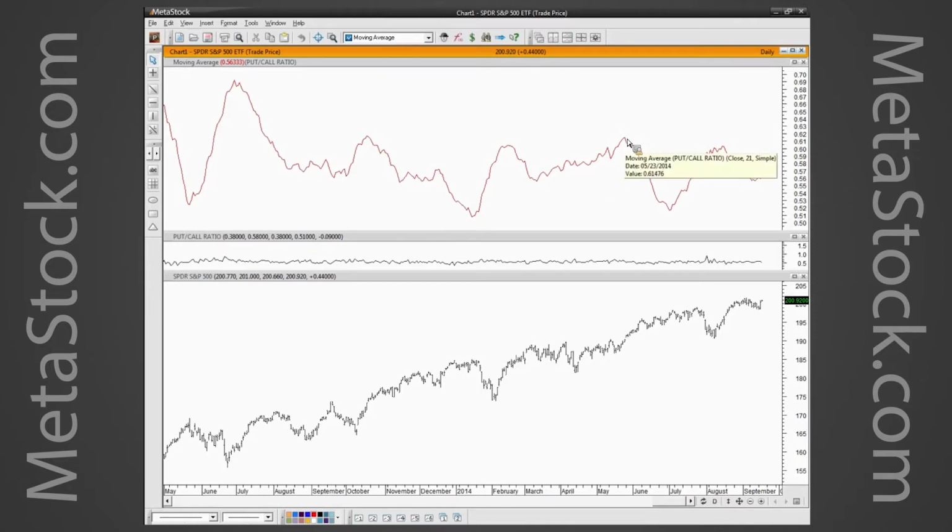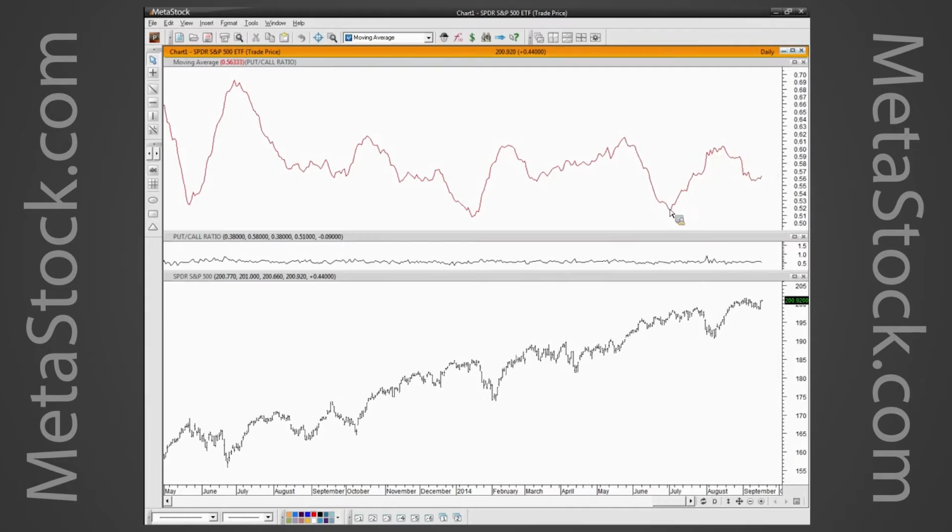I have the same thing going on here. There's kind of a peak there before a top. Excuse me, but this market bottom here is not very deep, but there is a little bit of a bottom there.